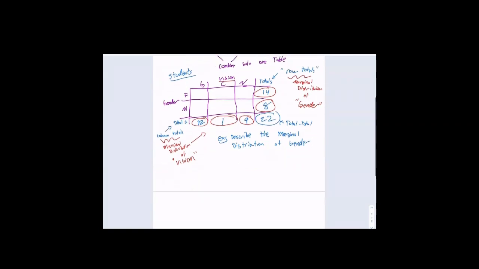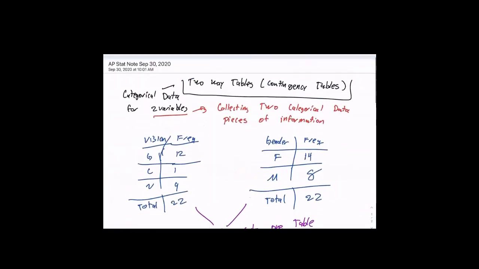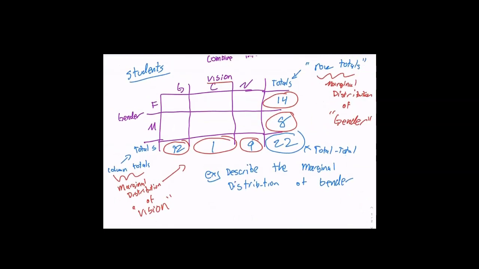Now notice we're only looking at this table. Don't ignore it. Yes, I drew that. I want you to look only at this two-way table. Can somebody describe the marginal?